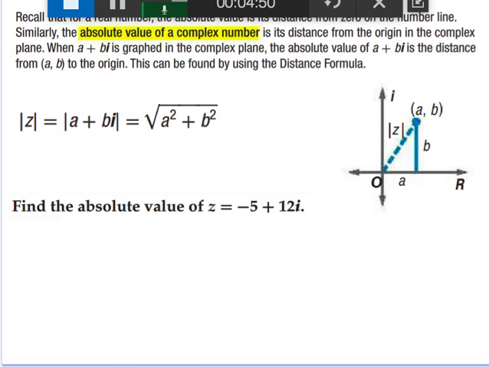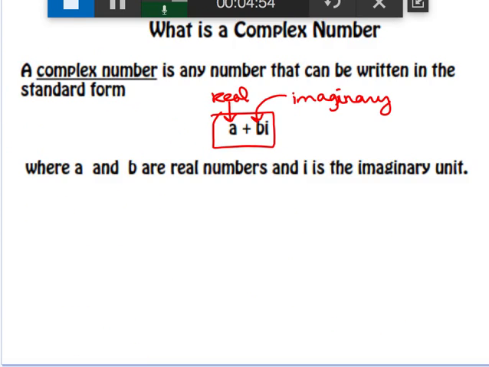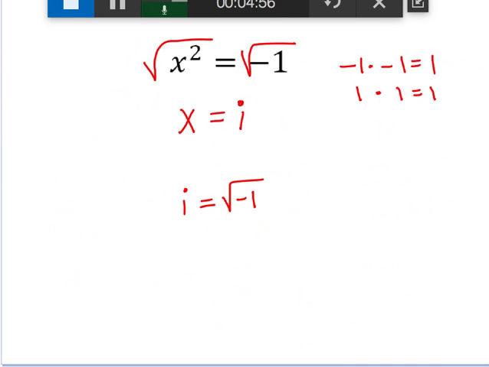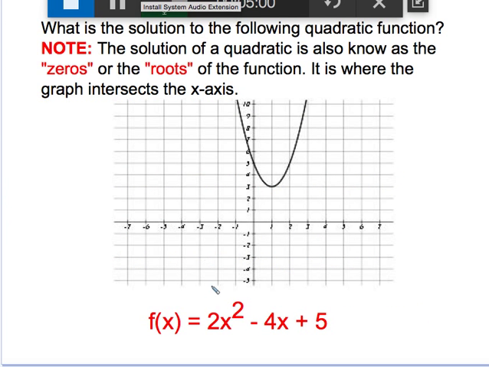The only thing I wanted to go back to was, remember the very beginning when we talked about solving this problem right here? If we were to work this problem out, by the way, it can't be factored, so the only way to do this is either complete the square or quadratic formula. I say the quadratic formula. Watch what you'll end up getting.